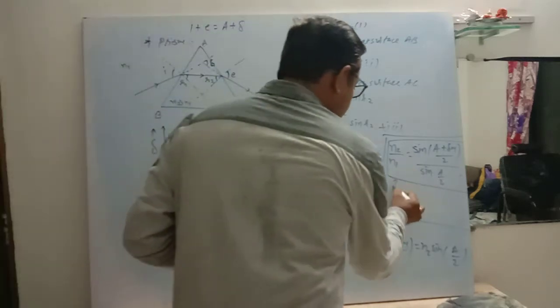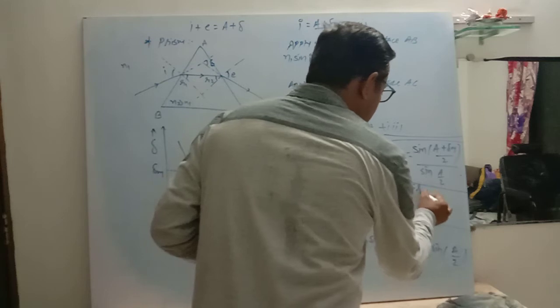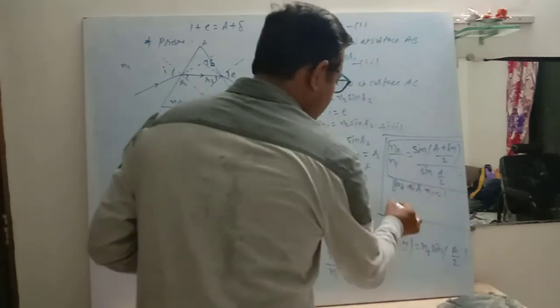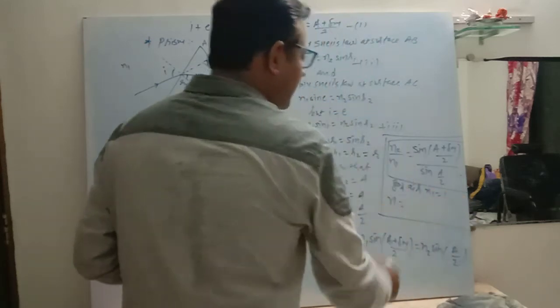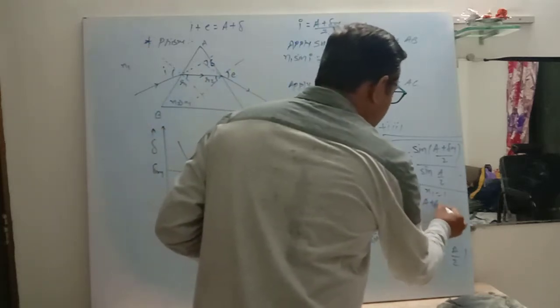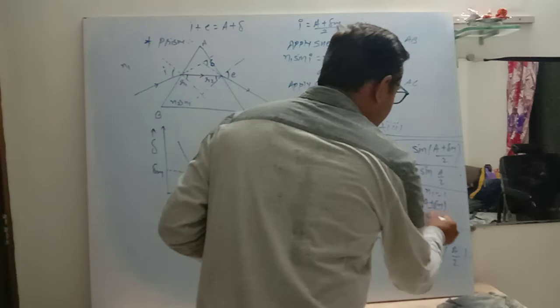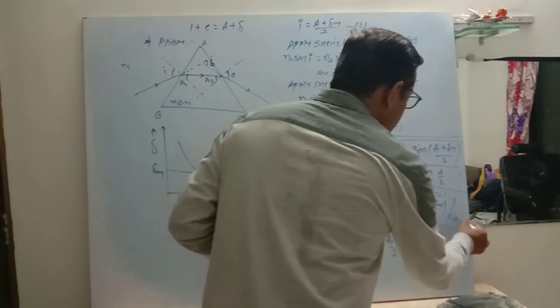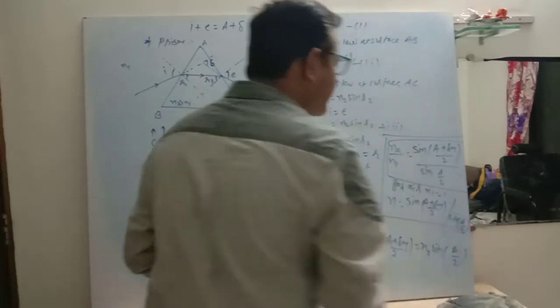Okay, for air eta 1 is 1, then simply eta 2 को eta बोल सकते हैं हम, then sin A plus delta m by 2 upon sin A by 2.